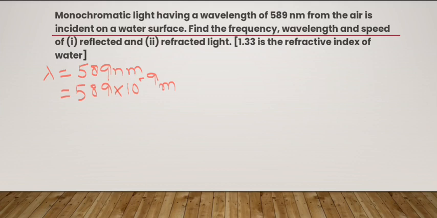Students, the first thing that we have to find is the frequency, wavelength and speed for the reflected wave or the reflected light. Here, for reflection, we know when the light reflects, it is incident from one medium and reflects back into the same medium.